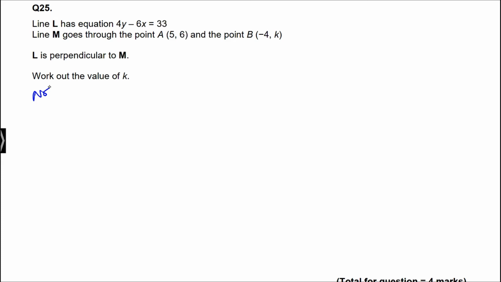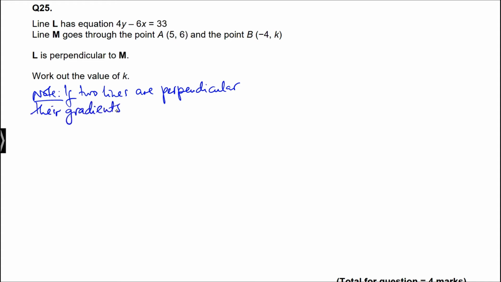So now that if two lines are perpendicular, their gradients will multiply to give -1.